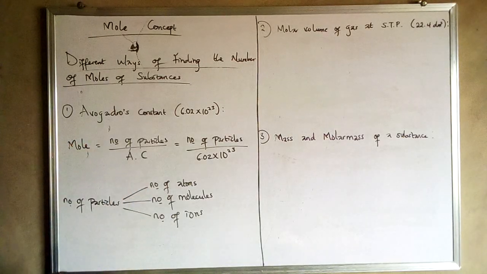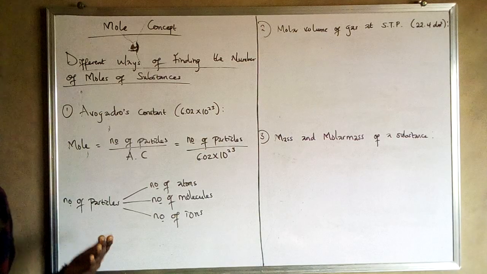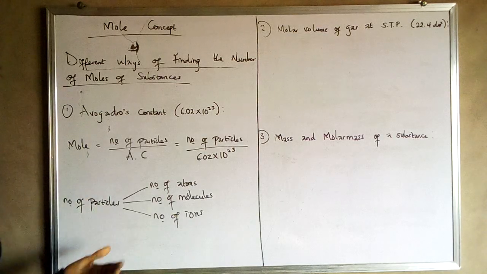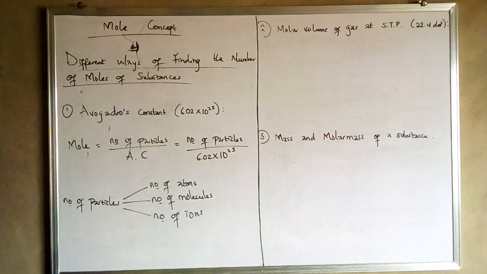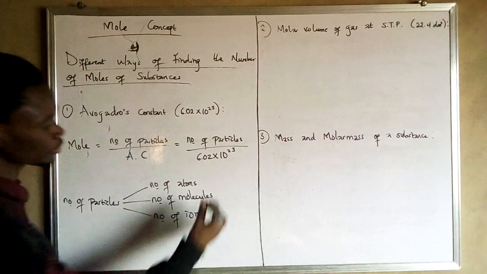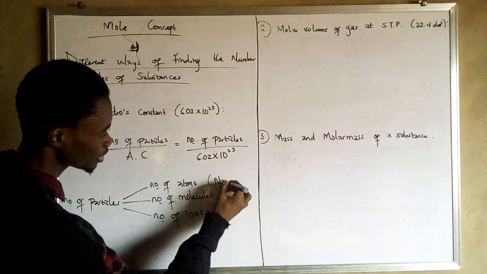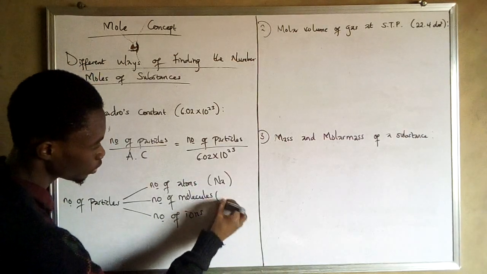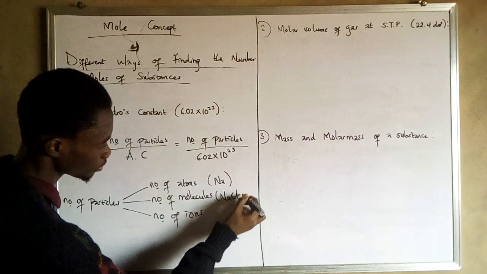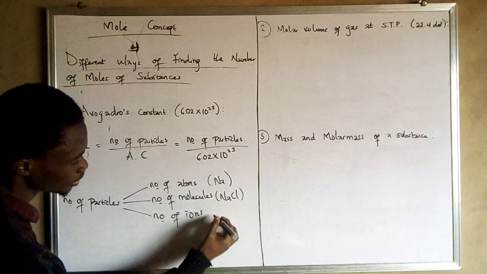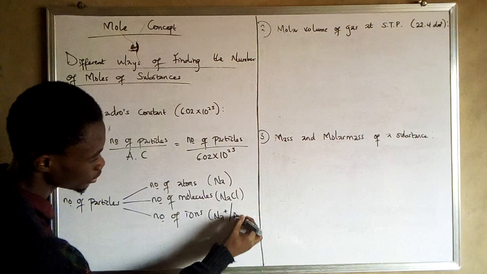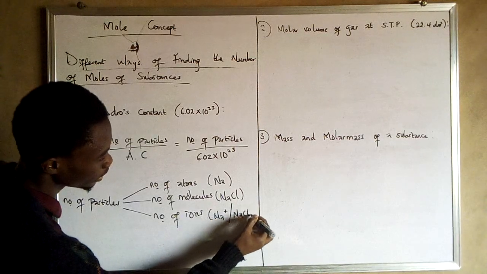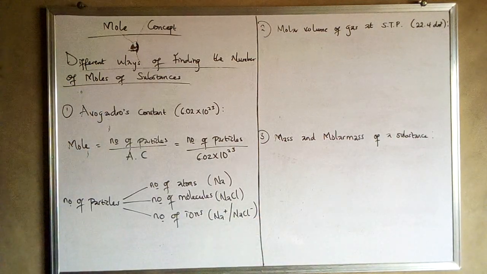And if the question is dealing with either a single element or a group of elements possessing a charge, we are going to have number of ions. So for example, sodium is an atom, sodium chloride is a molecule, and for ions, we have something like sodium ion, or chloride ion.